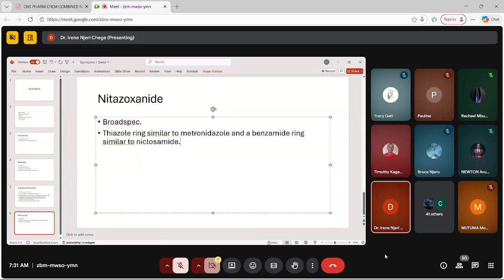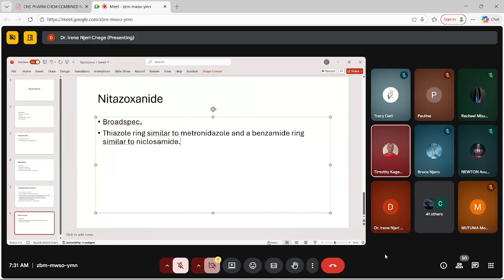It's an antihelminth drug whose mechanism of action is thought to inhibit oxidative phosphorylation. And it is used for which kind of parasite?